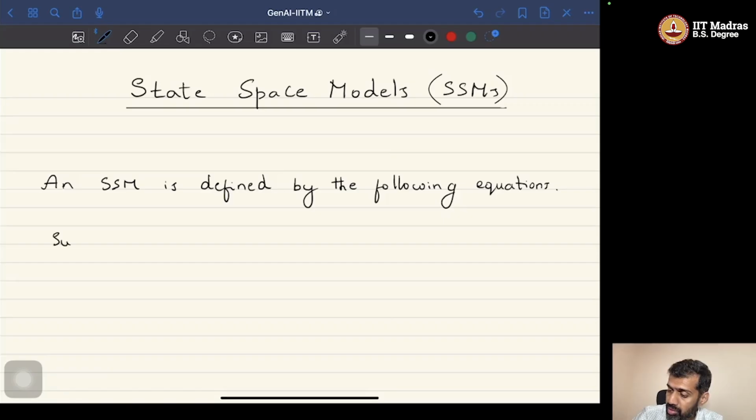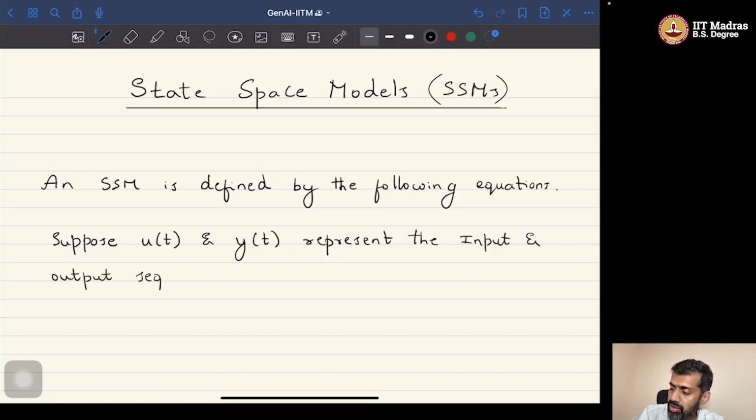Suppose u of t and y of t represent the input and output sequences respectively.